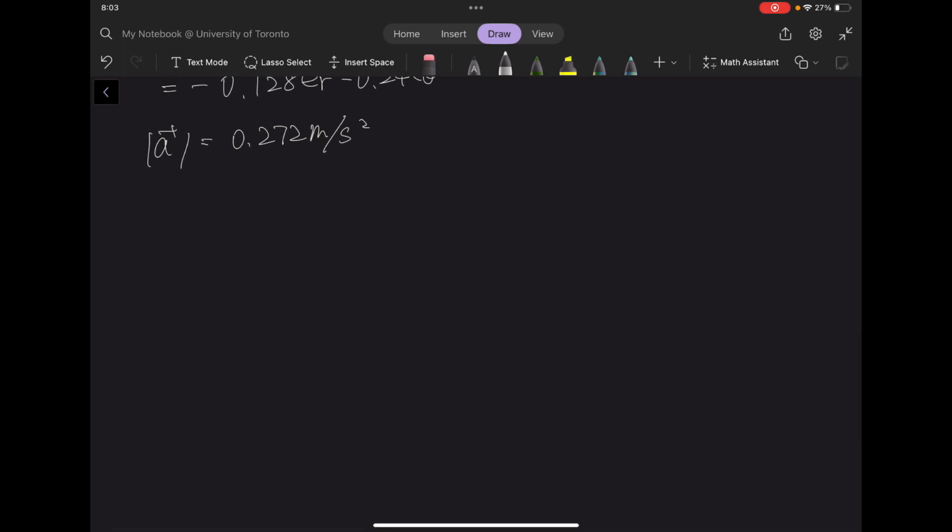We need to draw another diagram. Here's our A, and here's the ER, here's E theta. So we can draw it, project to the E theta direction.